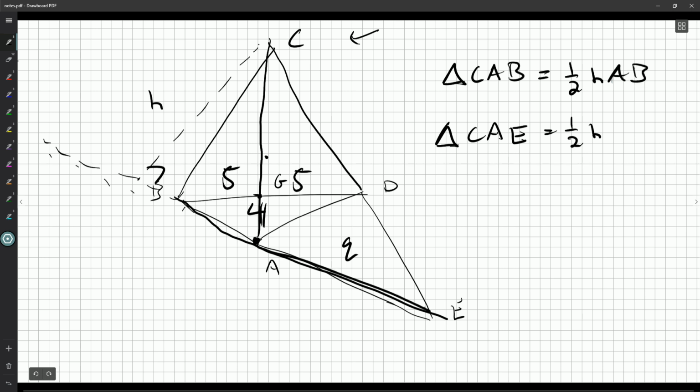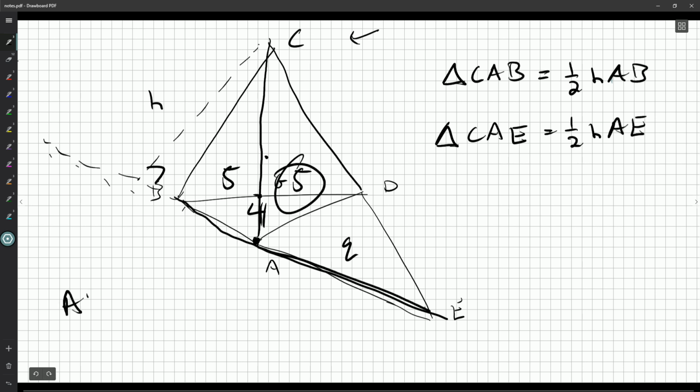So then the new base is AE, and they're on the same line, because I know that's true. So the ratio of them is Q plus this 5 right here. I was about to say Q plus 10, but it's not the whole thing.